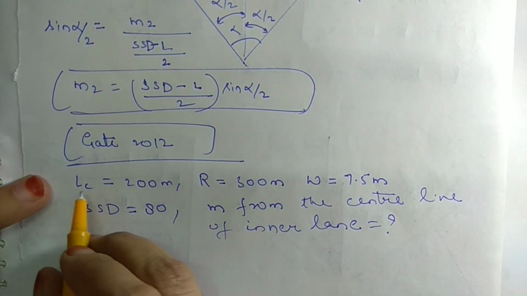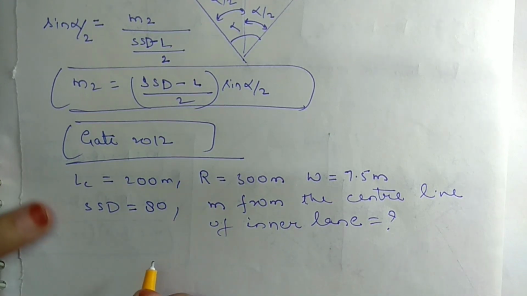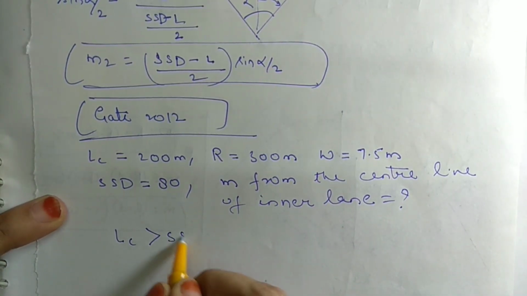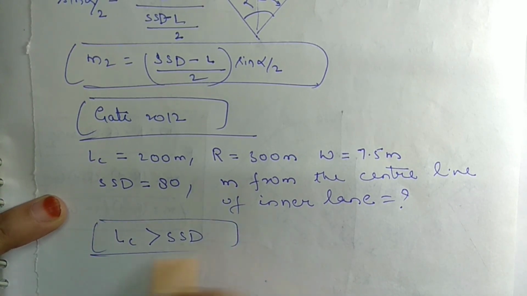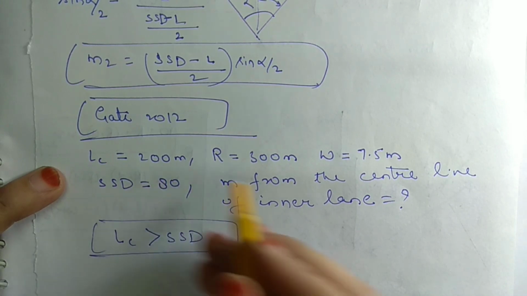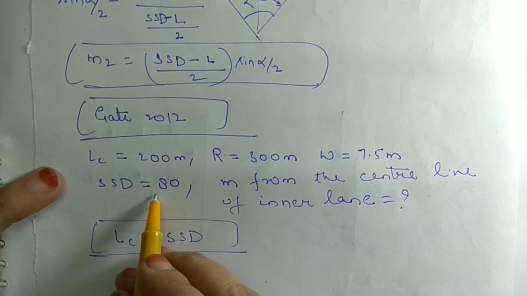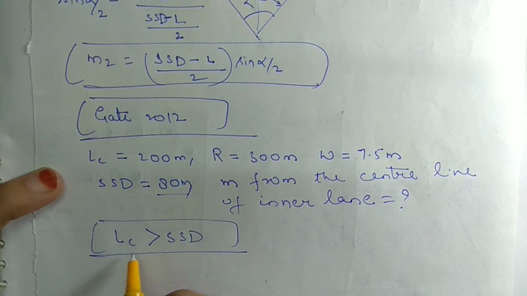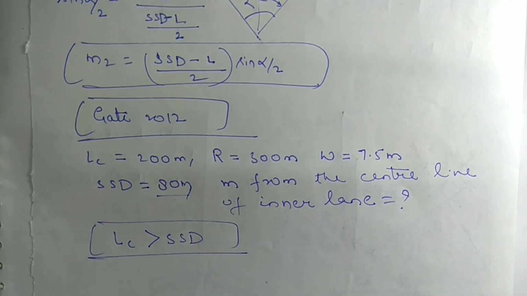In this question, the length of curve is greater than SSD, so this is case 1. As you see, length of curve is 200 meter and the stopping distance is 80 meter, so length of curve is greater than SSD.